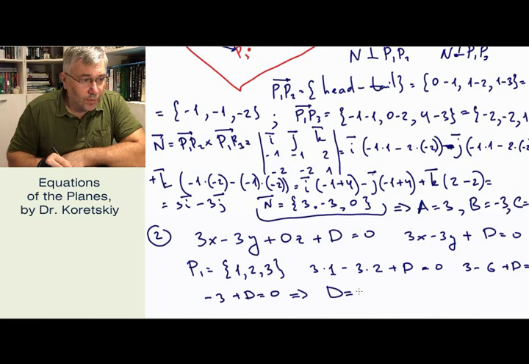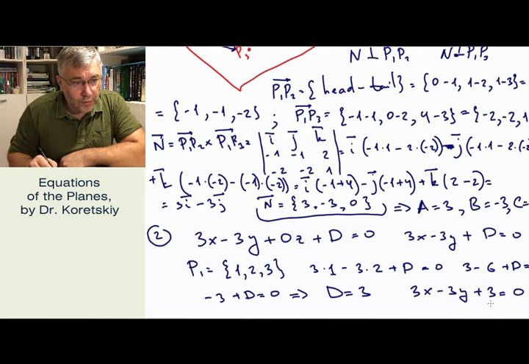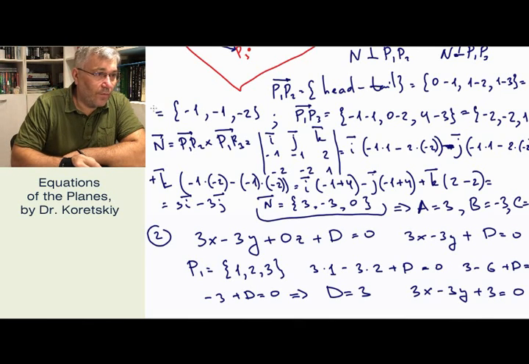Consequently d equals 3. So finally the equation of the plane is 3x minus 3y plus 3 equals 0. This is the final result of this work.